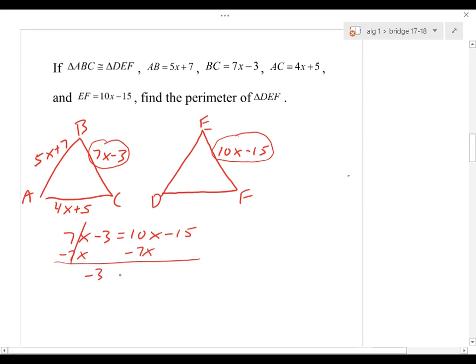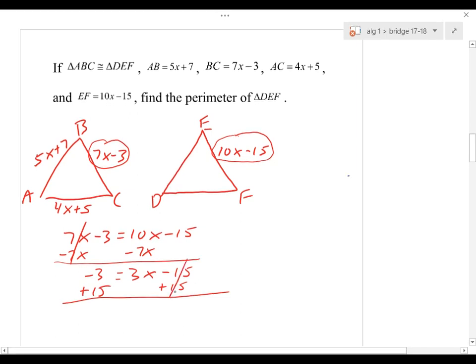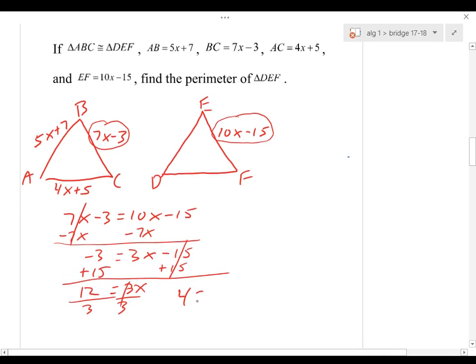So we have negative 3 equals 3x minus 15. I'm going to add 15, add 15. So we get 12 equals 3x. And divide by 3. And we get that 4 equals x.